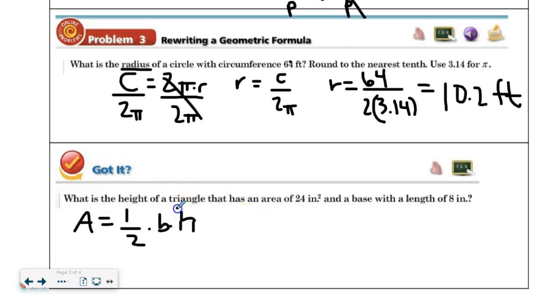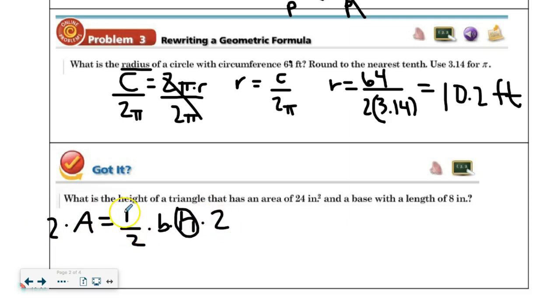What is the height? Okay, so that means this is what I'm looking for. So maybe it's helpful to rearrange this equation for H. 1/2, the inverse of that is 2, and then I'm going to divide by B. So this is going to occur in 2 steps. I'm going to multiply both sides by 2. Why?